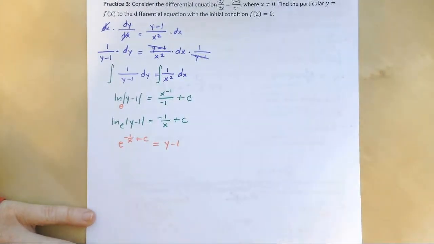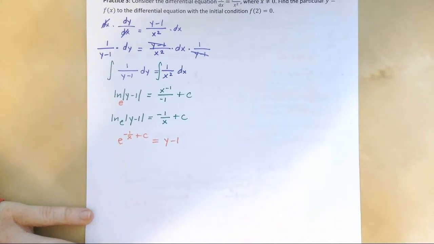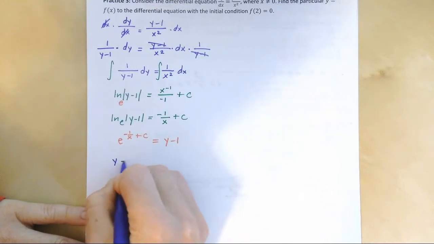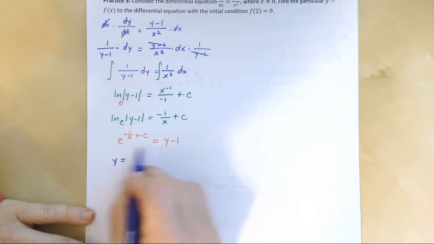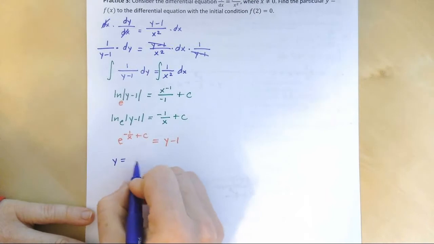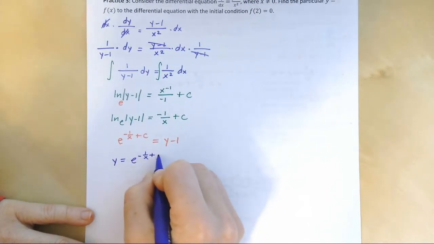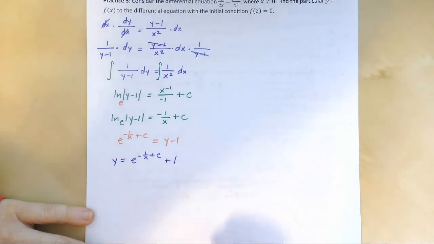Now, let's finish isolating y. We have y equals, and I add 1 on both sides, right? Plus 1, plus 1. So I have e to the negative 1 over x plus c, plus 1.